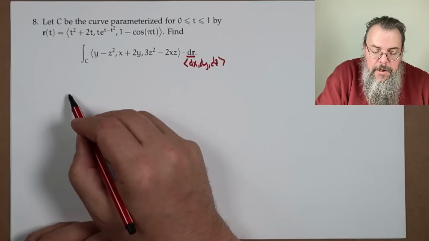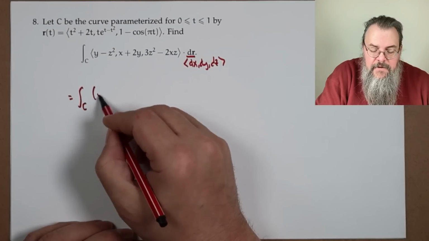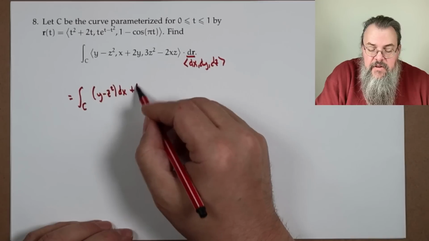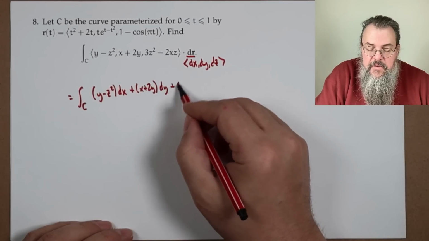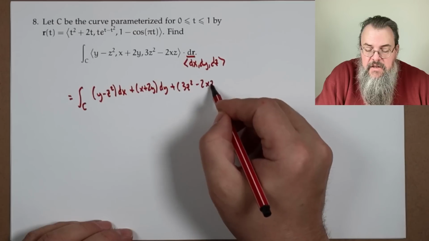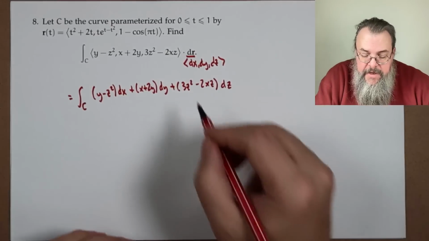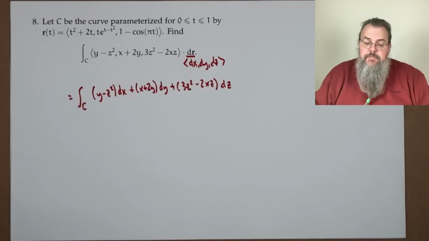So a better way for us to write this is the integral along our curve of (y minus z squared) dx plus (x plus 2y) dy plus (3z squared minus 2xz) dz. That's a better notation in some sense, because I think it gives a better idea of how we're going to approach this.